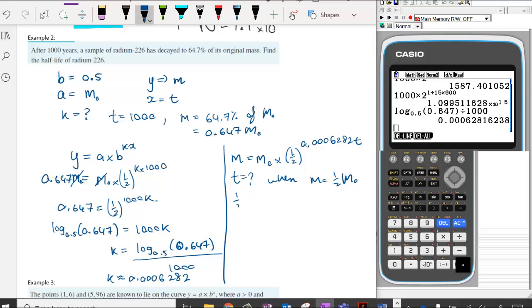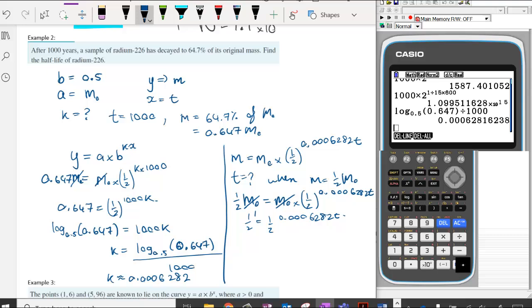So we have 1/2 m0 is equal to m0 multiplied by 1/2 to the power of 0.0006282t. We can divide both sides by m0. So now we've got 1/2 is equal to 1/2 to the power of 0.0006282t.